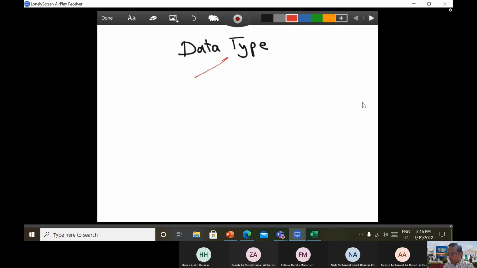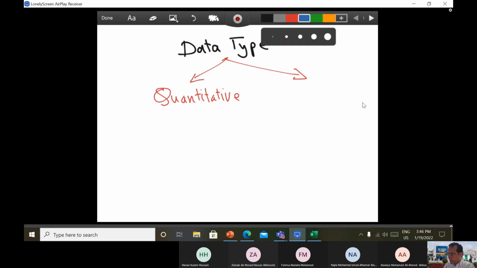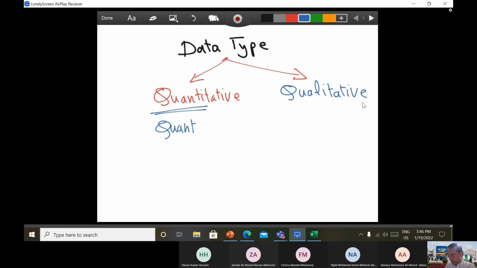You have two types of data, quantitative and qualitative. This one comes from quantity, this one comes from quality.